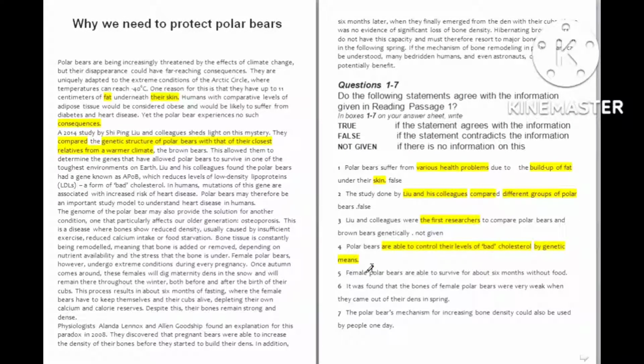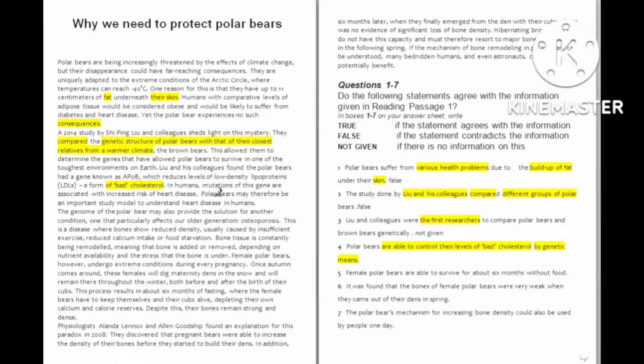This means that polar bears have the ability to control their levels of bad cholesterol by genetic means. We read the information and find the words bad cholesterol, because this is the same phrase that we find in the information.